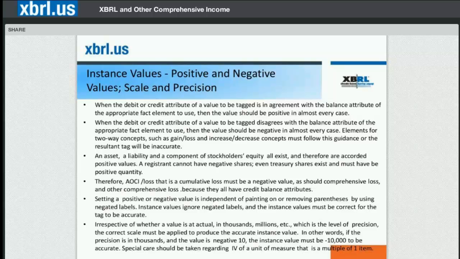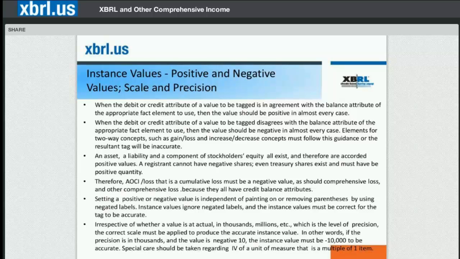Treasury shares exist, and they must have positive quantities. Therefore, AOCI loss, income and loss, that is a cumulative loss, must be a negative value, as should comprehensive loss and other comprehensive loss, because they all have credit balance attributes.